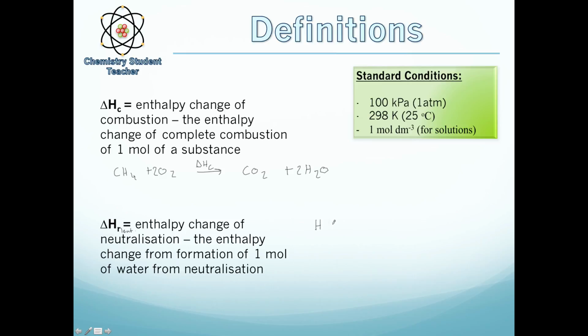So if we have hydrochloric acid reacts with sodium hydroxide, we'd get a reaction that goes to sodium chloride and water. So there you have an enthalpy change of neutralization, because again bonds are breaking from the HCl and NaOH to form new NaCl and H2O bonds.